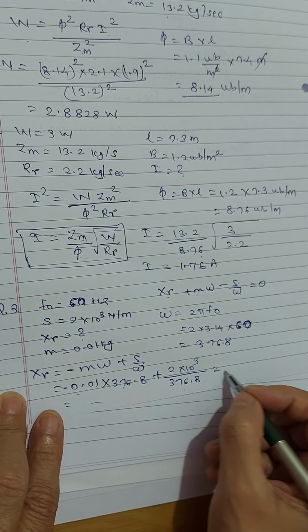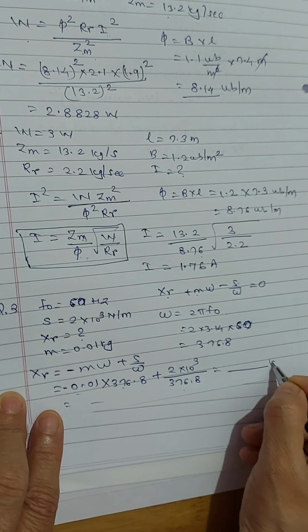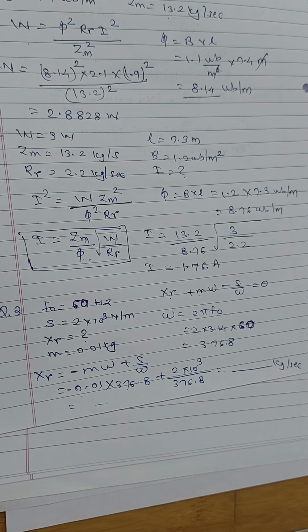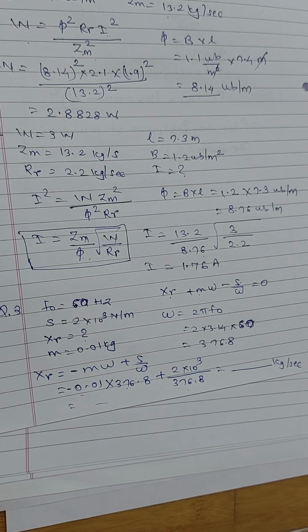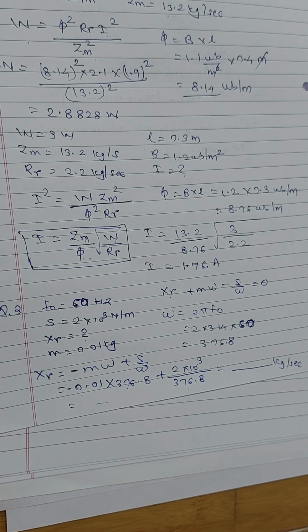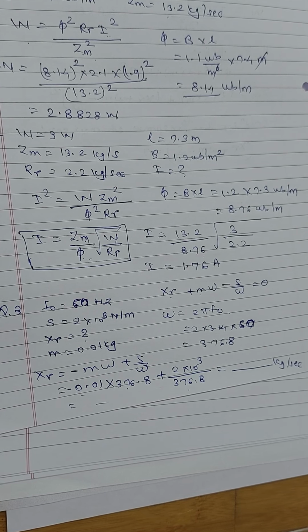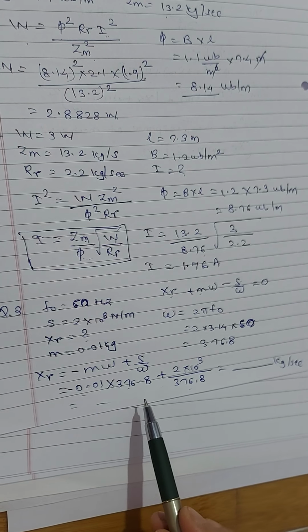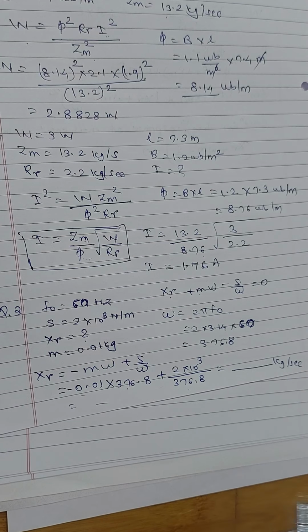So this is the way you will get the value of XR, and the unit will be kg per second. Do this. Find out the value by which you will be able to understand how we are supposed to get such an answer. So 2 pi f. Not a very complicated thing. So this is the way we'll try and get the answer.